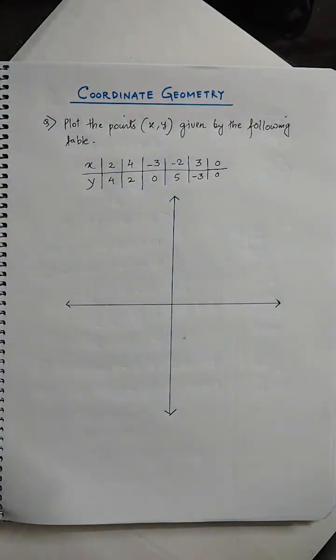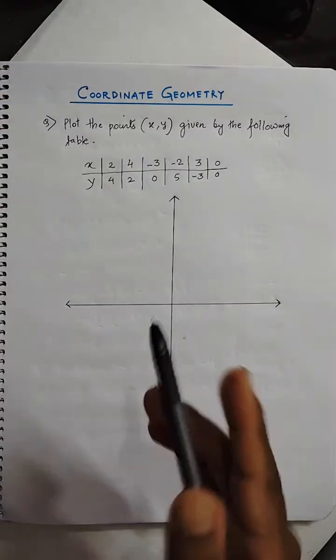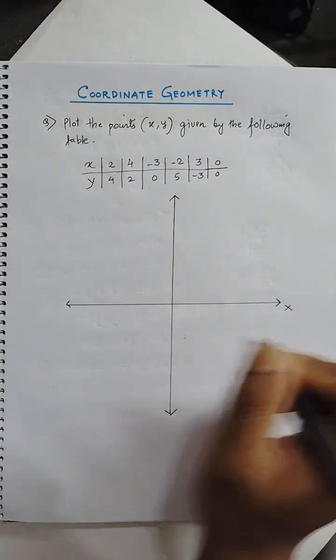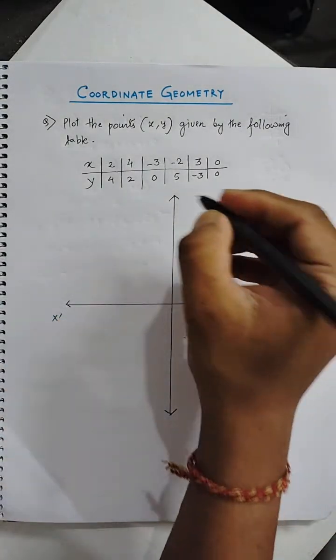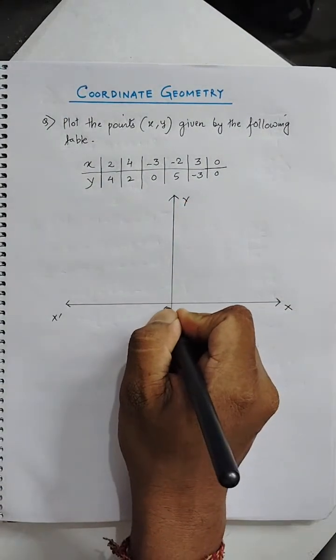So if you are doing it on a graph copy, it is fine. अगर plain page पे कर रहे हैं, so we have to be careful while giving the marks. Okay. So let me name this x and x dash. This is x axis, y and y dash, and they intersect at the origin.